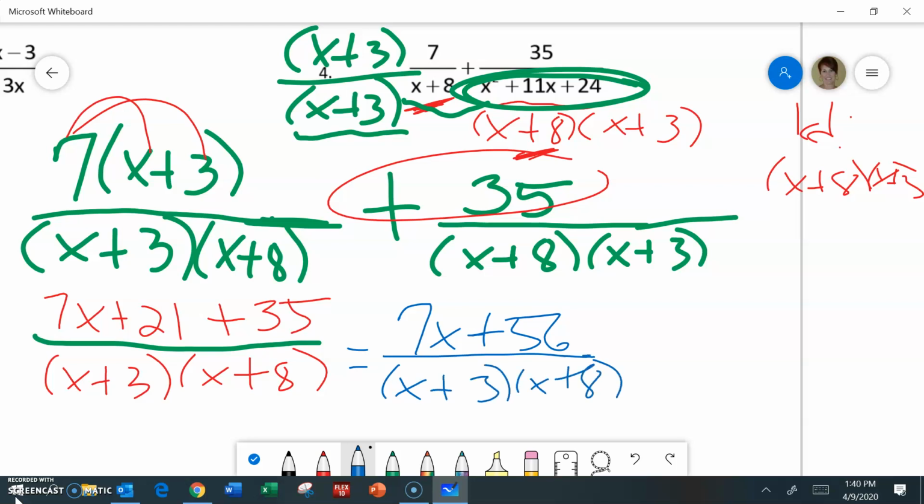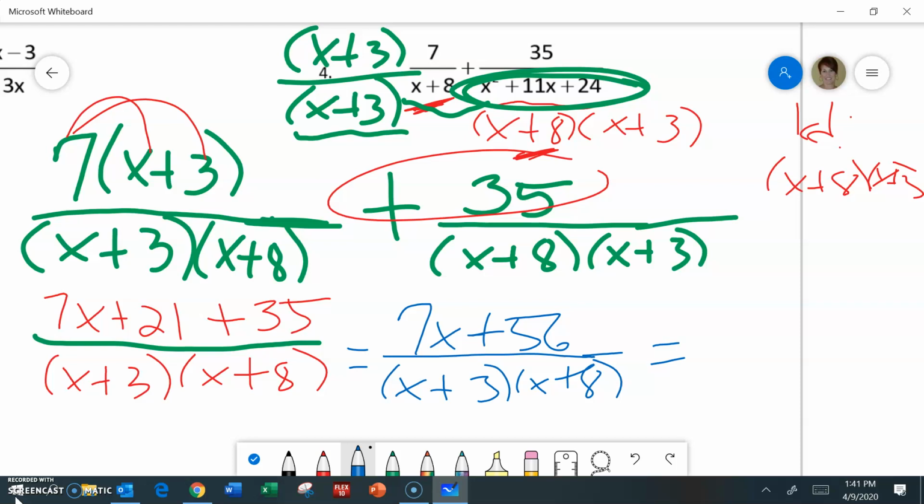Now what happens is we're going to have to factor the numerator. So you're not finished. Yes, you added, but remember, once you add, you cannot cancel. Notice I haven't canceled anything from the top and bottom until I am done. I added.